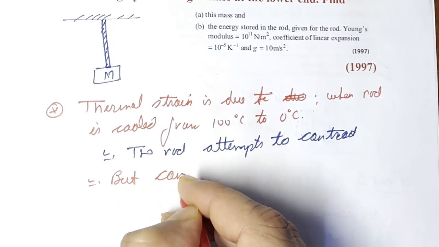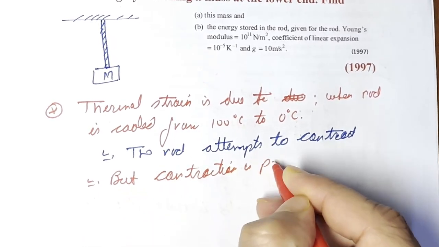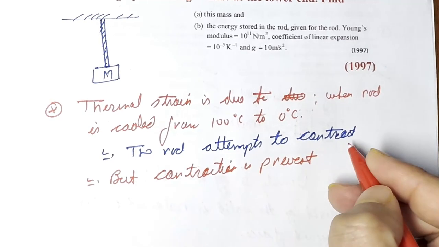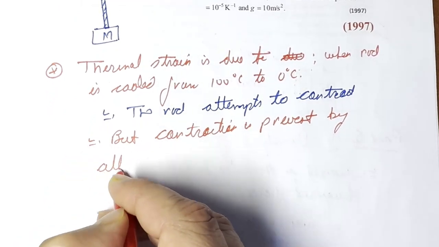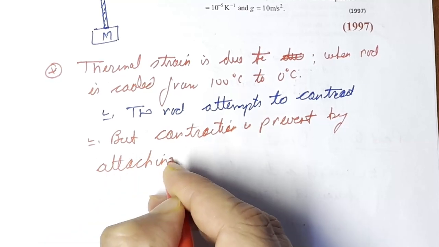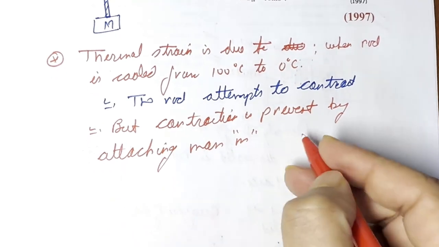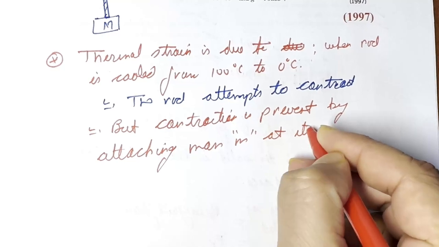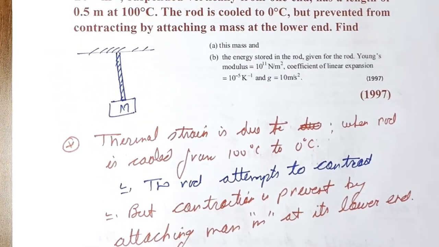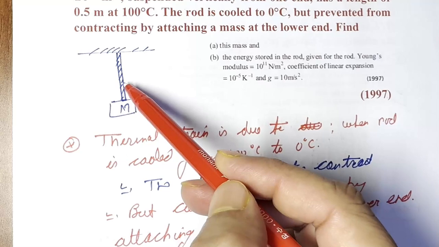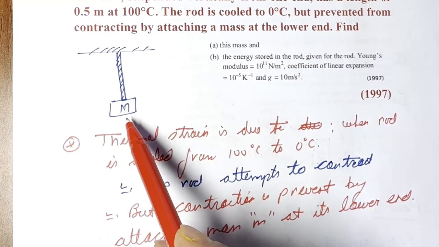The contraction is prevented by attaching mass M at its lower end. So basically the contraction, or thermal strain, is being balanced by this mass.